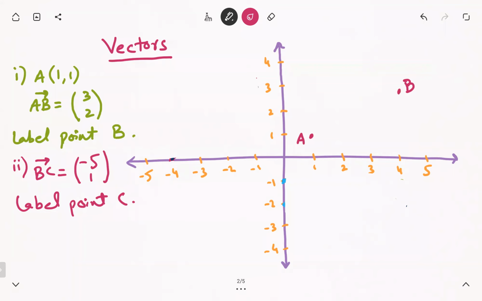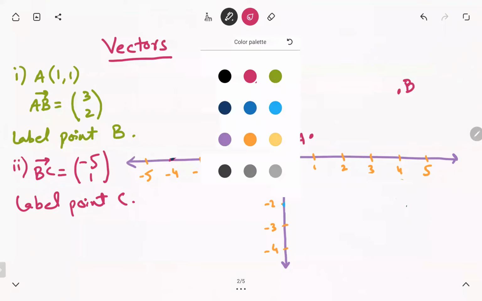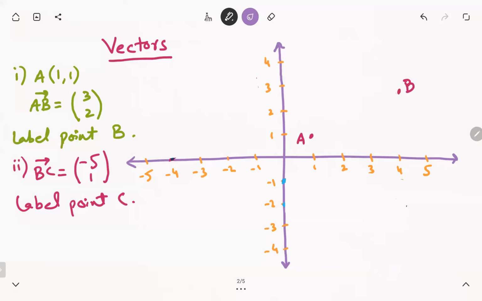(-5, 1) was BC. BC is (-5, 1), so you need to start from B. You need to go 5 units left and 1 unit up. So start from B, which is already a point, and the y coordinate of B is 3.